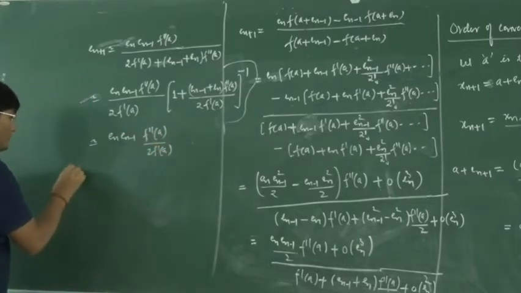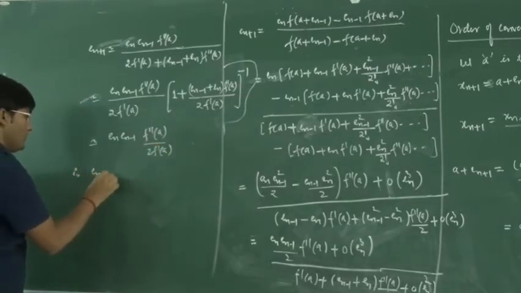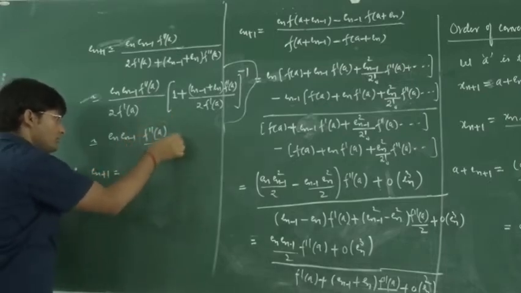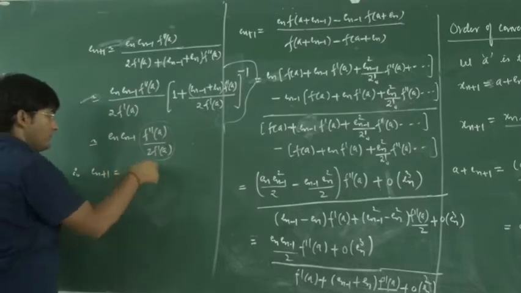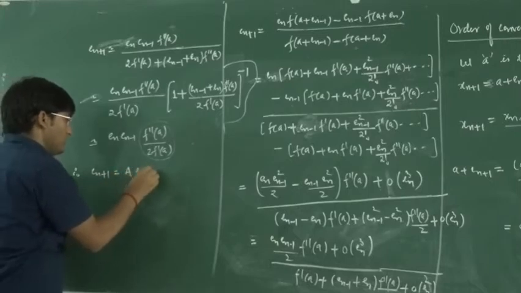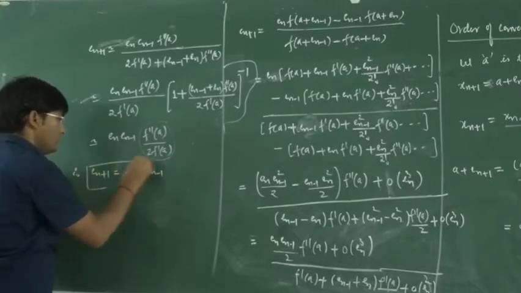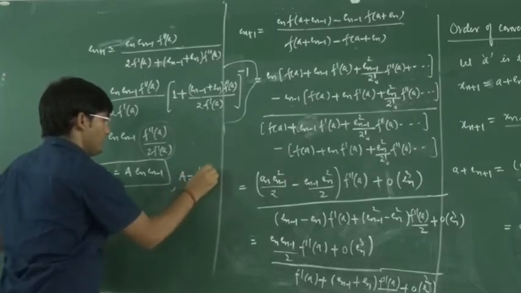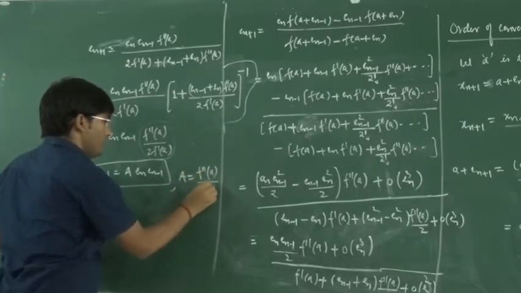So therefore en plus 1 we can write it approximately equal to, say this is your some constant a, then this en plus 1 is equal to a times en into en minus 1, when your a is equal to f double dash a upon 2 times f dash a.